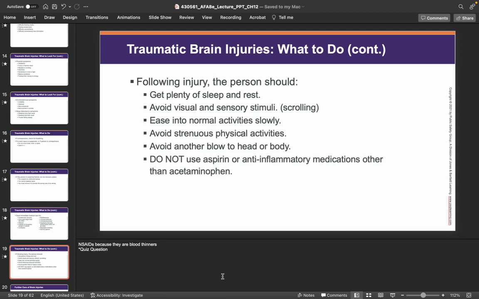So they will thin out your blood and make it harder for your blood to clot. And if you have a bleed in a very serious spot, if your blood can't clot, then it's going to be much harder to get the bleeding stopped. So that's why.